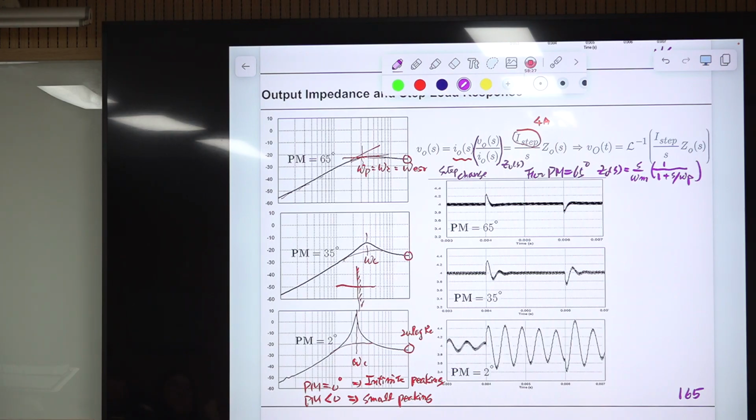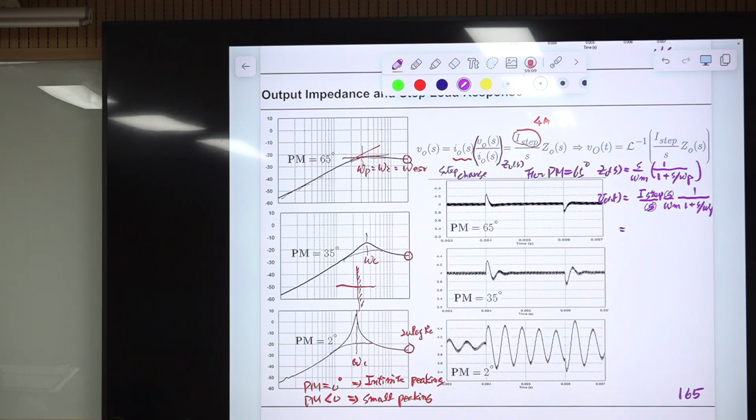Right? So this is a GOS. Then the output impedance in the time domain is simply this one, I step over S. This is the S domain expression of step change, times S over omega m, times 1 divided by 1 plus S divided by omega p. Okay. So they cancel. All right.